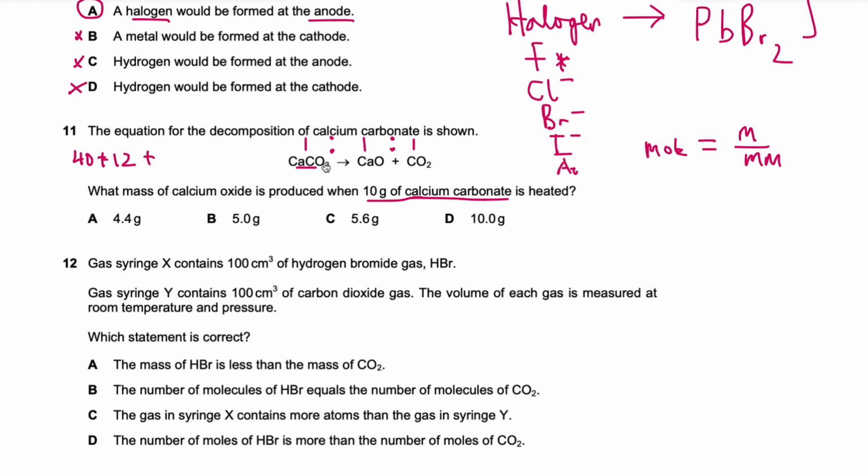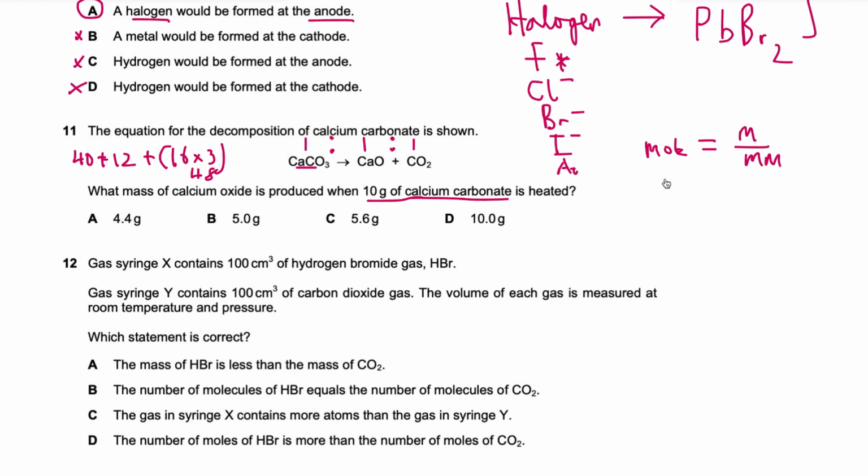So I open a bracket, 16 times 3. I want to get the molar mass so that I can calculate the number of moles of calcium carbonate. 16 times 3 is 48, right? 48 plus 52, we get 100. So the molar mass of this will be 100.